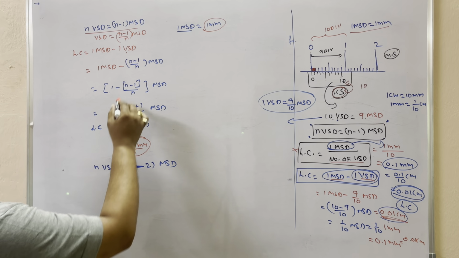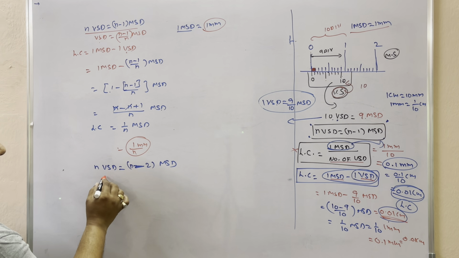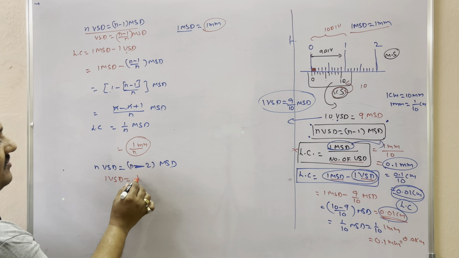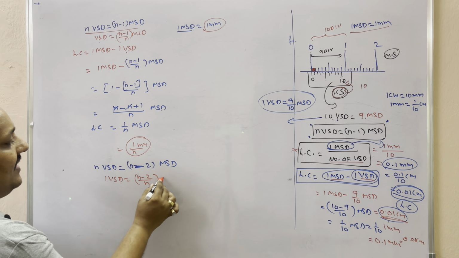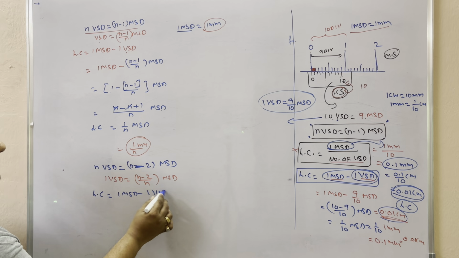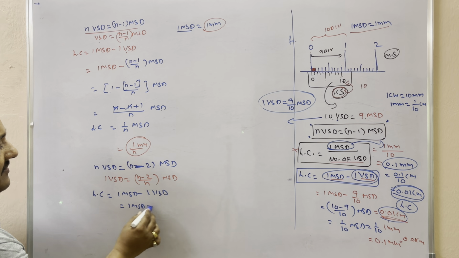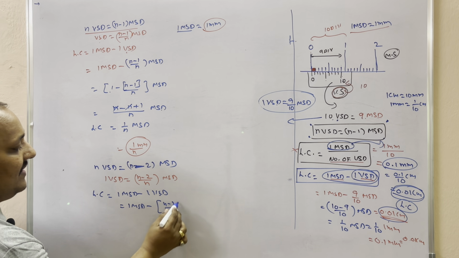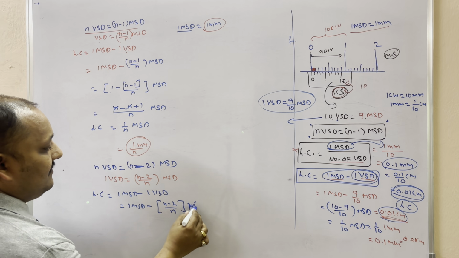Again, in place of VSD, 1 VSD equal to how much will we write? n minus 2 by n MSD. Now again you are going to substitute in this least count, 1 MSD minus 1 VSD. 1 MSD minus n minus 2 by n MSD.